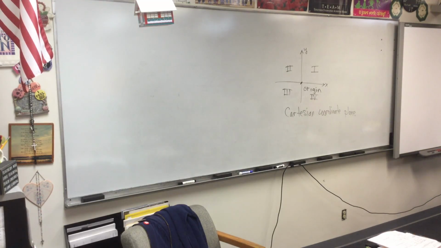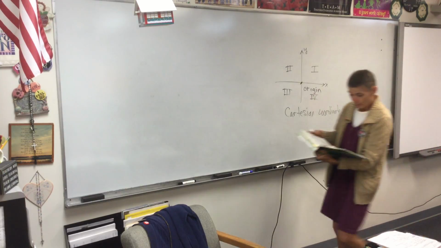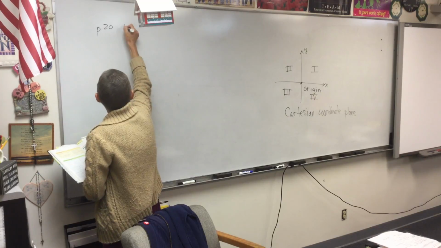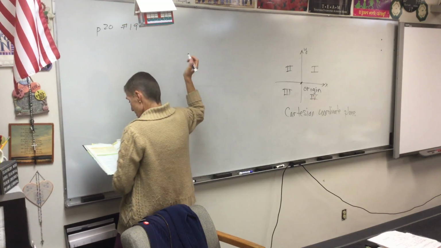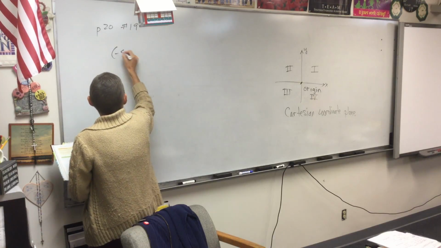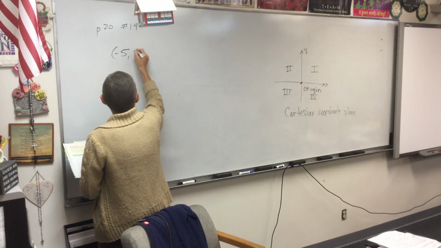Now let's talk about, I'm taking this one right out of your book. This is number 19 on page 20. If you don't have a book, look on somebody's. The question says, I have 3 points.